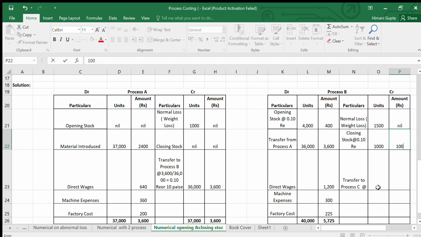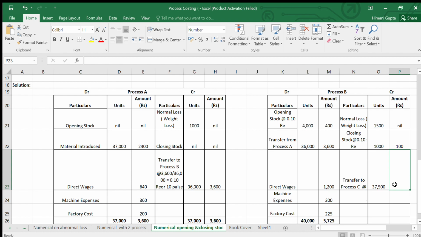Now units transferred: 40,000 units were there in process B, out of which 1000 units are still there and 1500 units are wasted. So units transferred is 37,500, and the amount will be 5,725 that we spent, out of which we got 100 rupees.